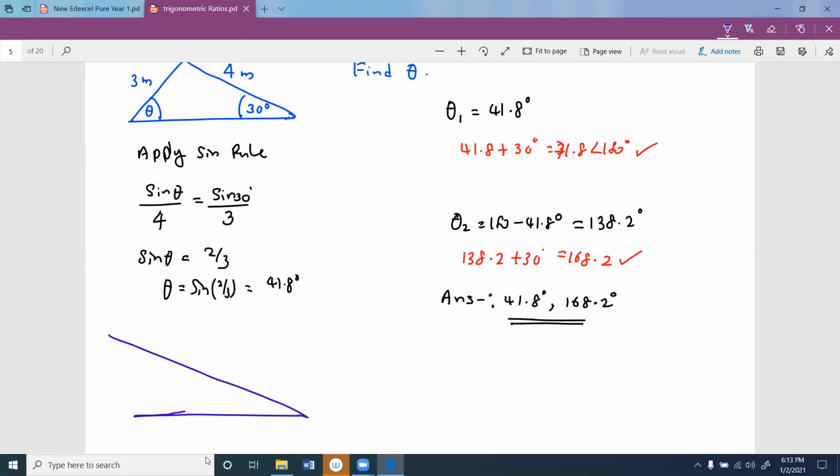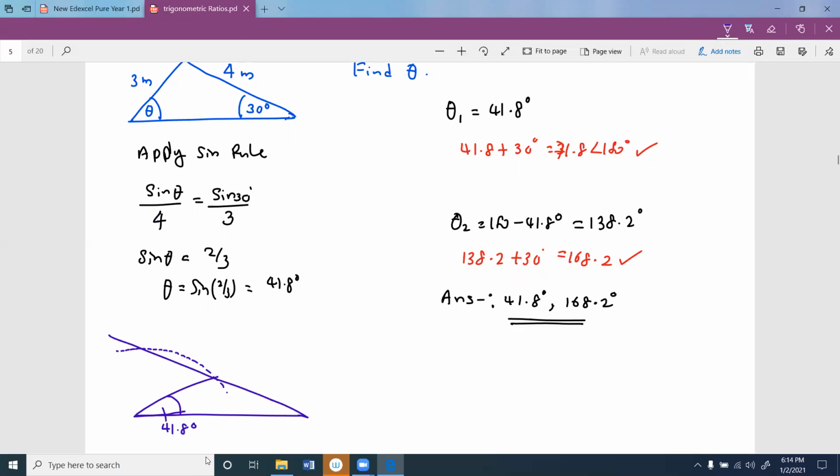If you take this side and rotate it over here, you can see it can form a triangle, like a circle. One situation is over here. This is the first angle. What do you get? 41.8. This is the situation where you get 41.8.